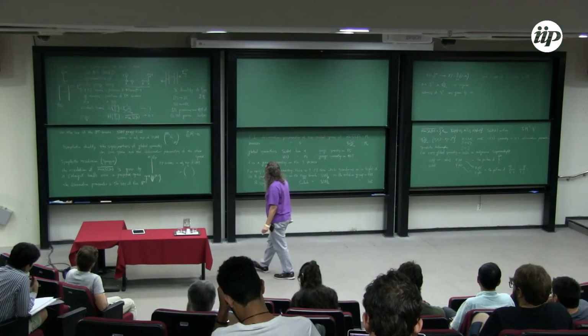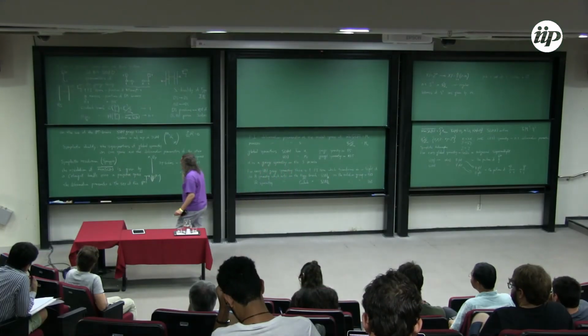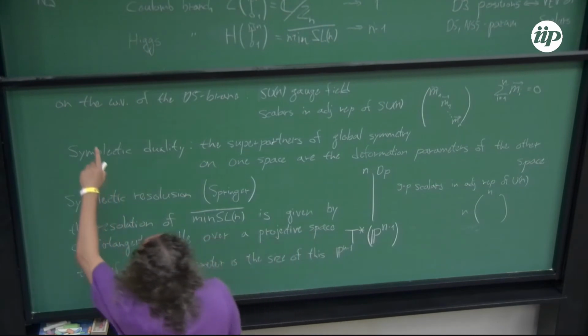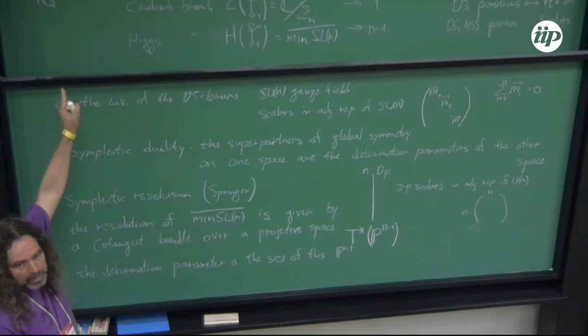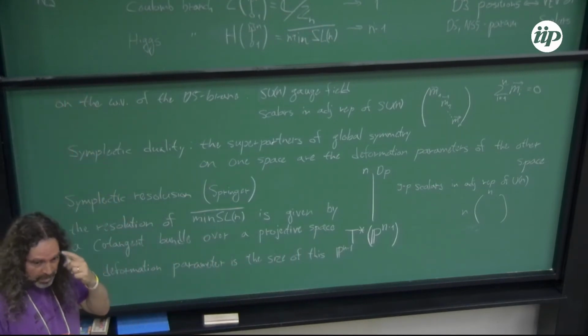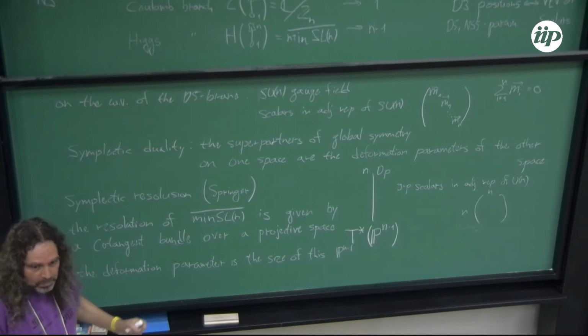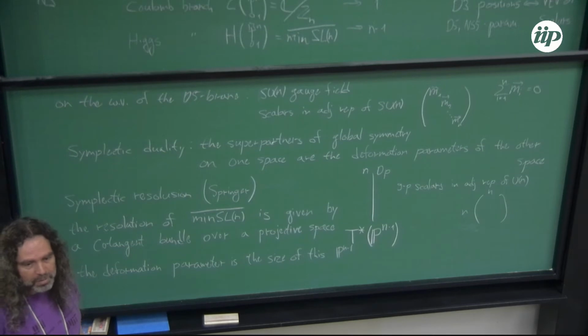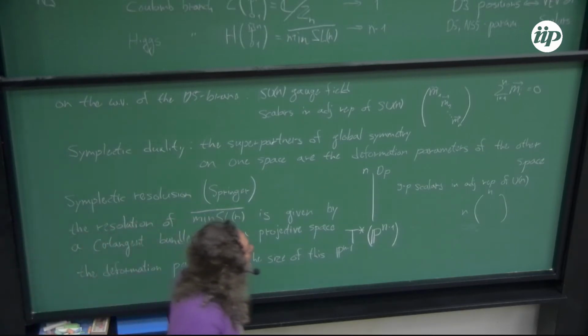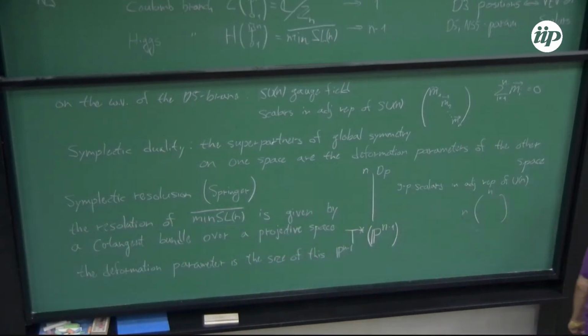If I take the quiver here and I turn on the Fayet-Iliopoulos term, it will deform the moduli space of 1 SU(N) instanton. Very good.